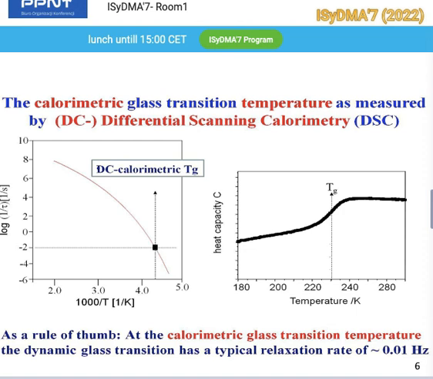But as said, this determined glass transition temperature depends on the cooling rate. As a rule of thumb, at a relaxation rate of 10 to the minus 2 hertz, one arrives at a temperature which is identical to the calorimetrically determined glass transition temperature.